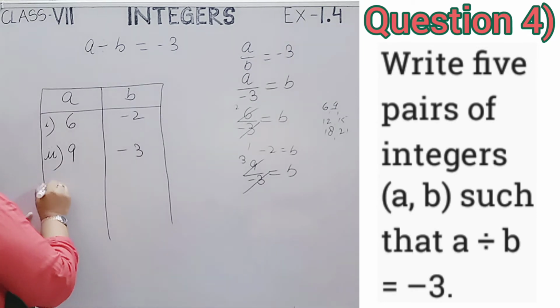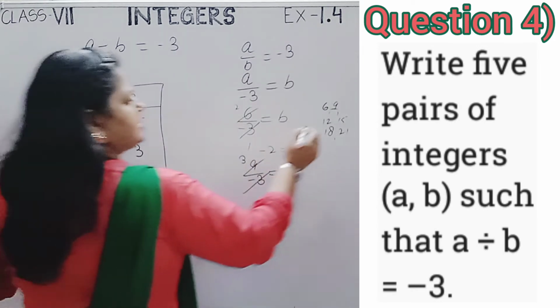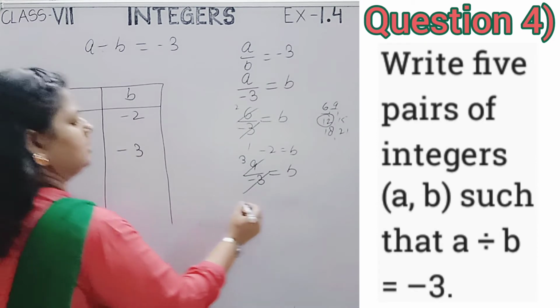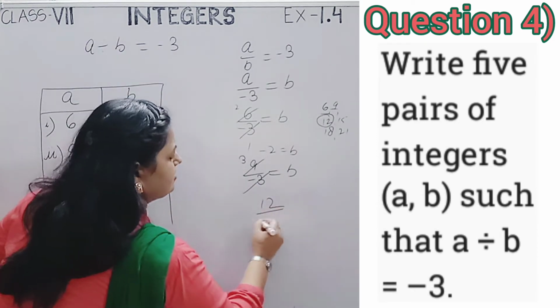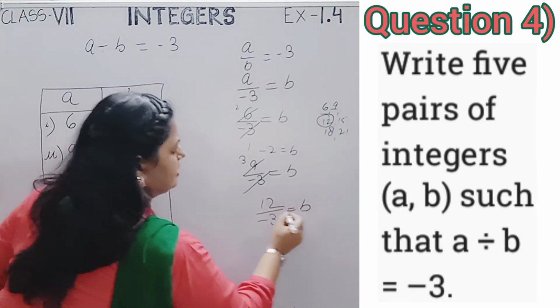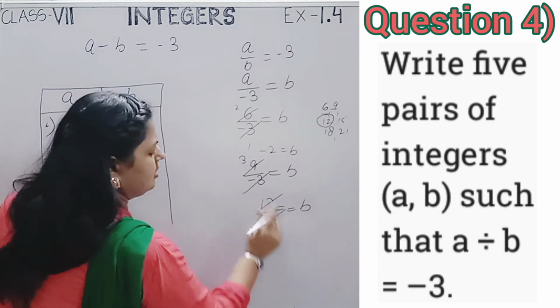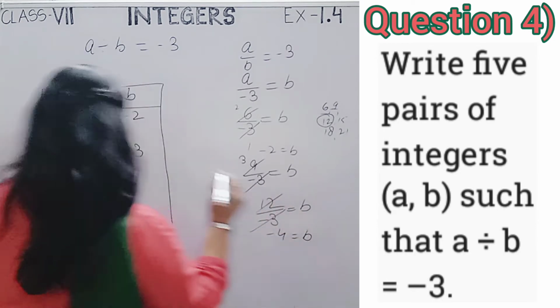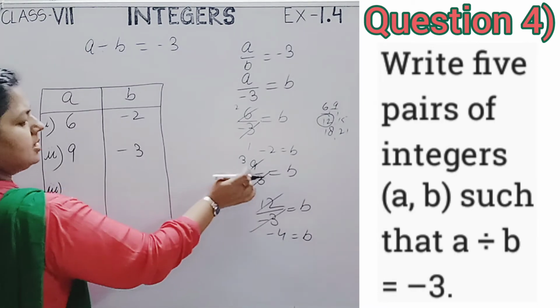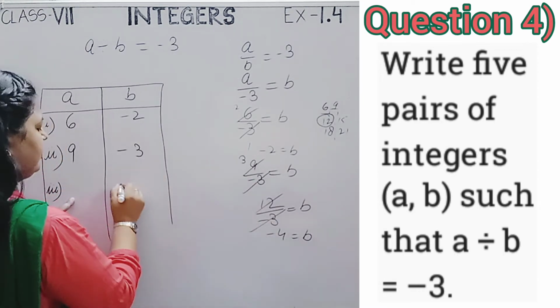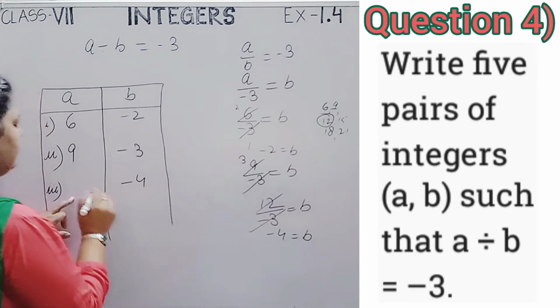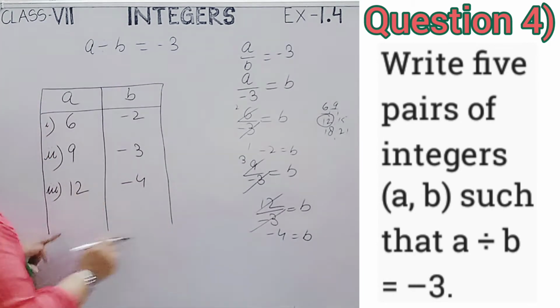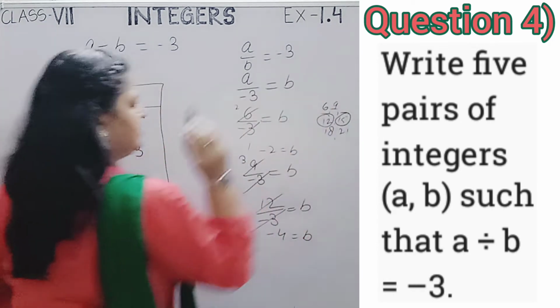Third pair. Next multiple is 12. So 12 upon minus 3 equal to B. Follow the same rule. 3 4s are 12 and we have minus 4. So B is minus 4 and A is 12. Next one, next multiple is 15.